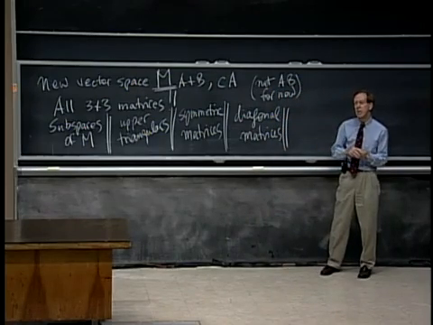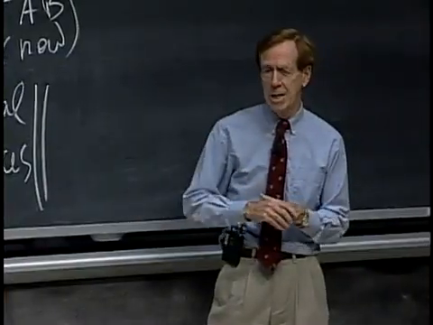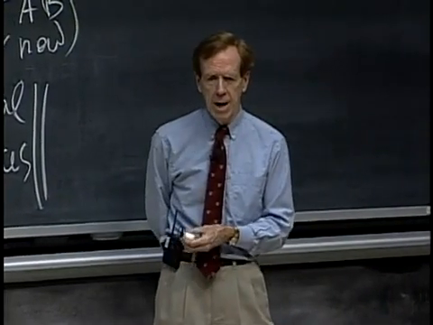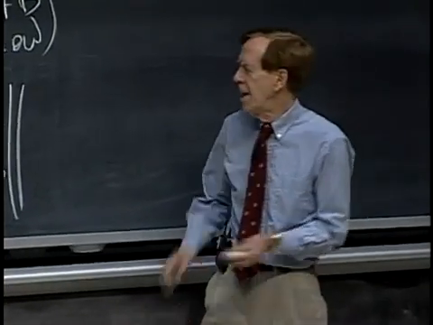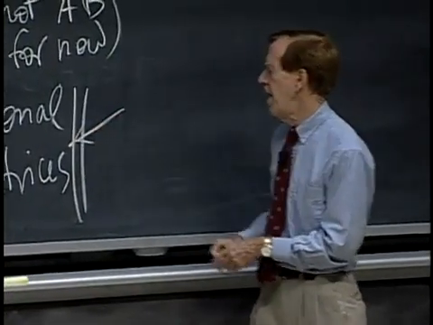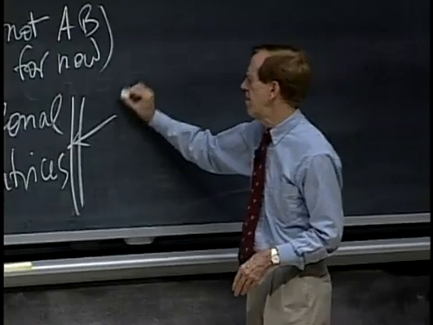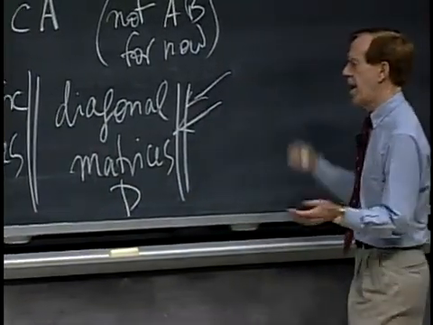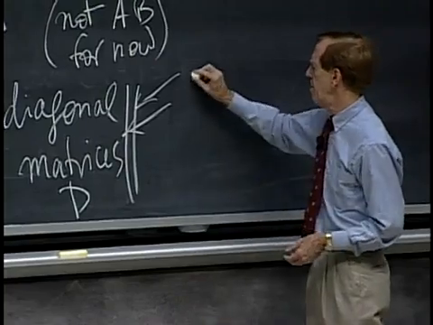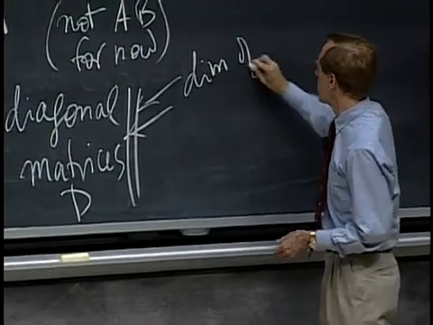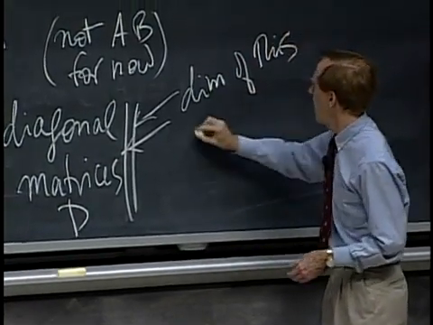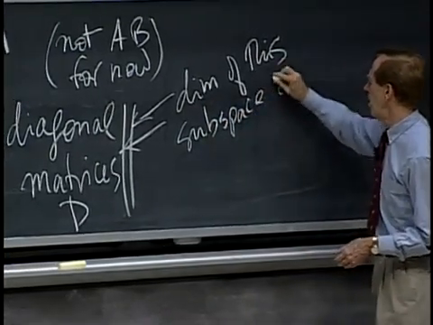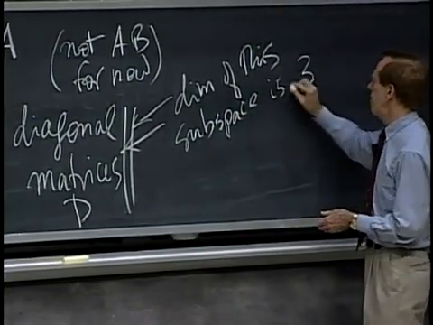Well, to produce dimension, that means I'm supposed to produce a basis. And then I just count how many I needed in the basis. Let me give you the answer for this one. What's the dimension? The dimension of this subspace, let me call it D, all diagonal matrices, is, as I write, you're working it out, 3.